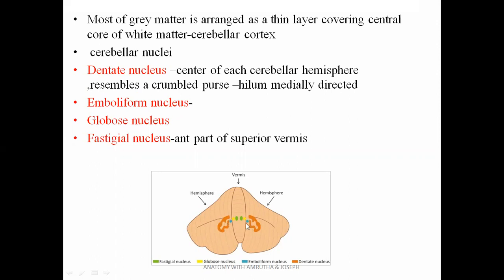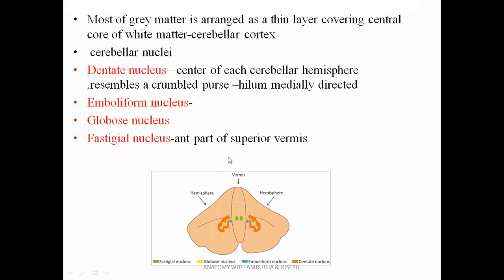Then medial to that there is the emboliform nucleus, then the globose nucleus, then the fastigial nucleus. So there are four nuclei on each side. From lateral to medial, we have the dentate nucleus, then the emboliform nucleus, the globose nucleus, then the fastigial nucleus. The fastigial nucleus is seen in the anterior part of the superior vermis.